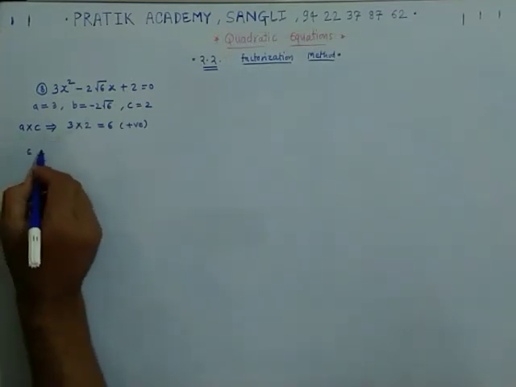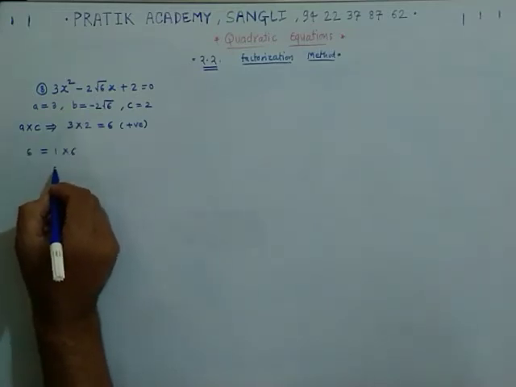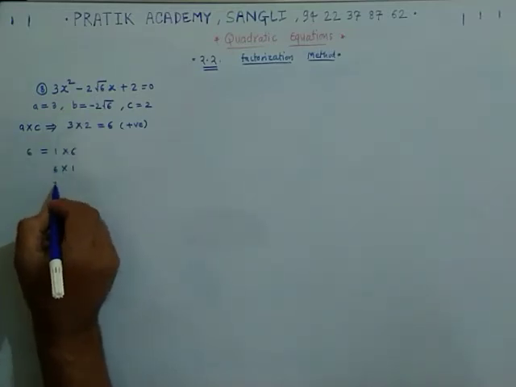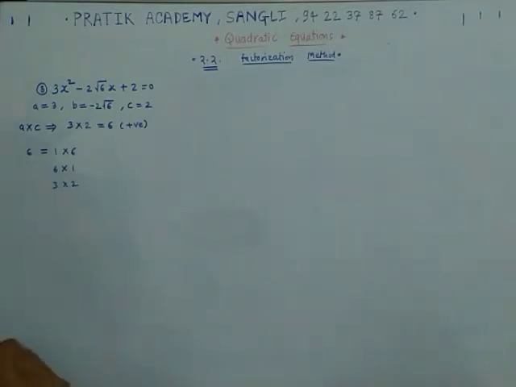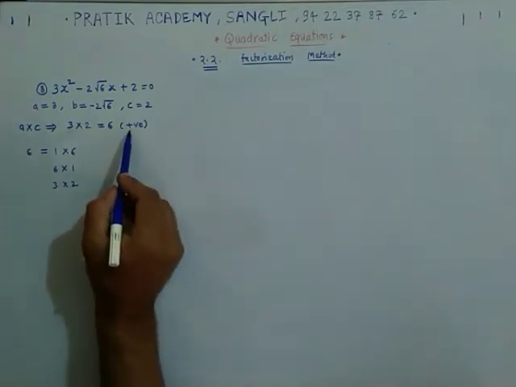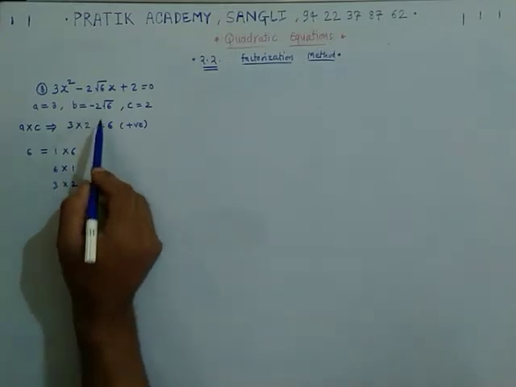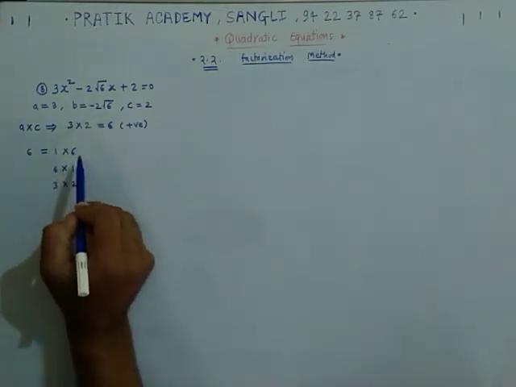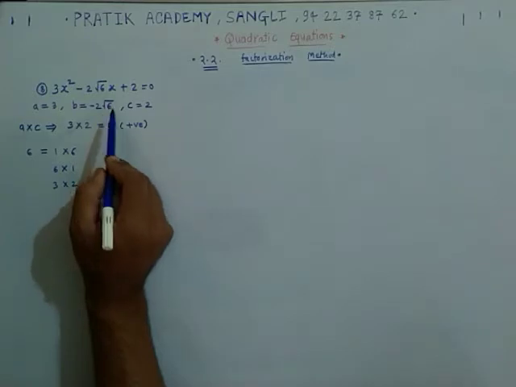What are the factors? Let's check first. 1 into 6, 6 into 1, or 3 into 2. Now as the product is positive, we require factors such that their sum is numerically equal to B. So what is B? 2 root 6.